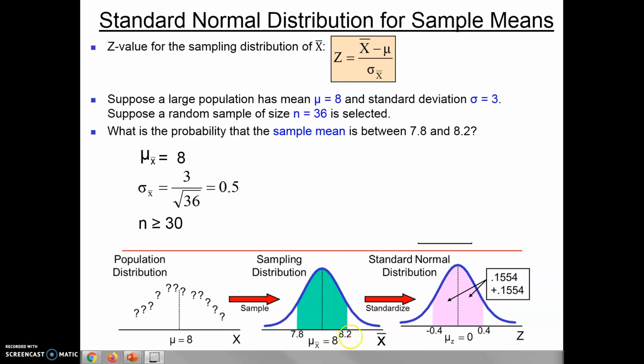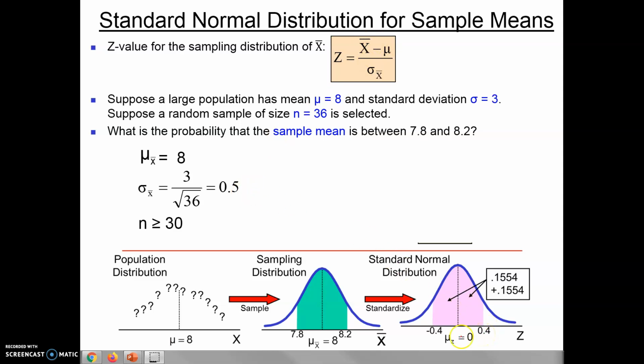But the x bar values, the means, don't tell us the probability. Z values do. So we need to convert our x bar sample means into standardized z-scores. So we use this formula. Let's start with 8.2. Well, 8.2 minus the mean of 8 is 0.2. And then 0.2 divided by 0.5 is 0.4.